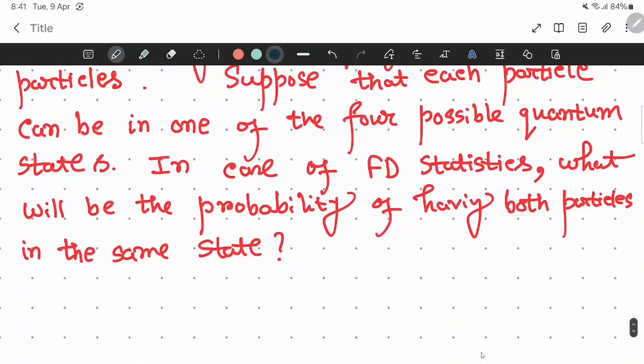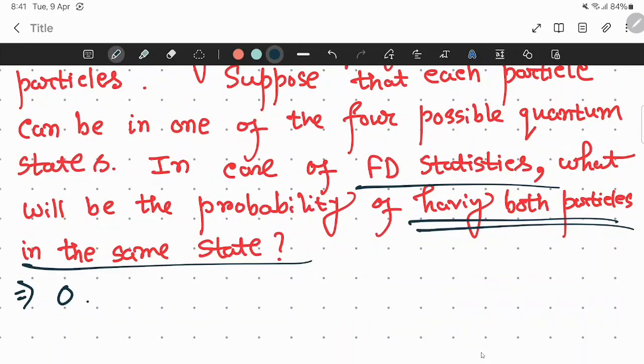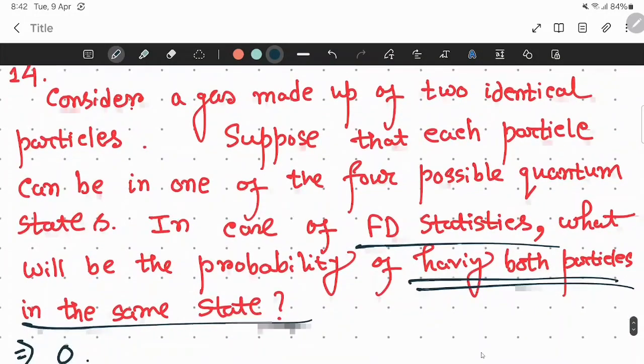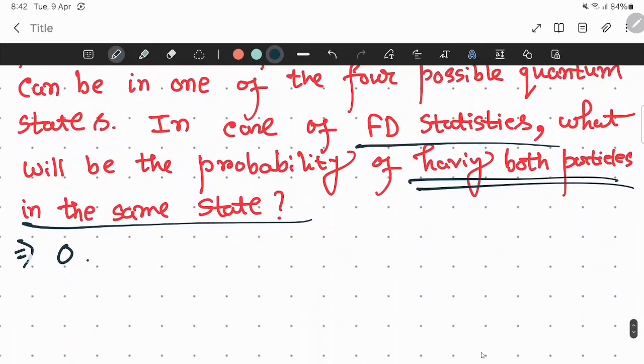It's directly zero, right? Because in Fermi statistics both particles in the same state is not possible. This information is totally waste. Directly you can do. Just waste of time. This is just zero.